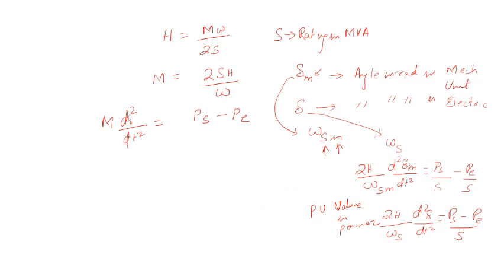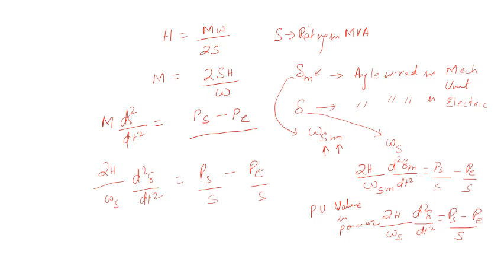When the instability comes, then only the swing equation comes into the picture, right? So here this equation has changed to omega s d square delta upon dt square equals Ps minus Pe upon S.